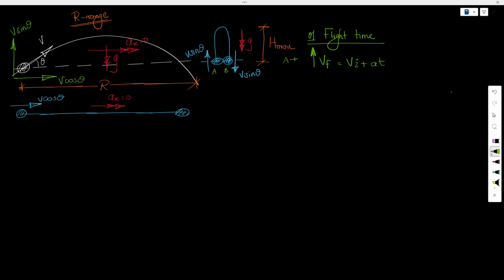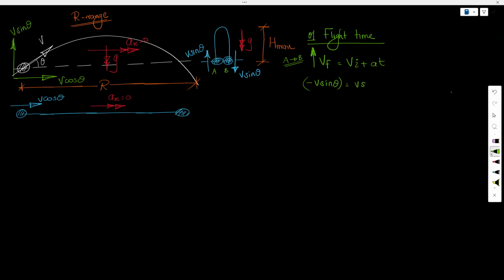I no longer write those out. Those were to give you the understanding, but now that you are all familiar with the way these equations work, you don't need to write everything. So the final velocity is pointing down, but I'm considering anything up as positive, so it is minus v sine theta.